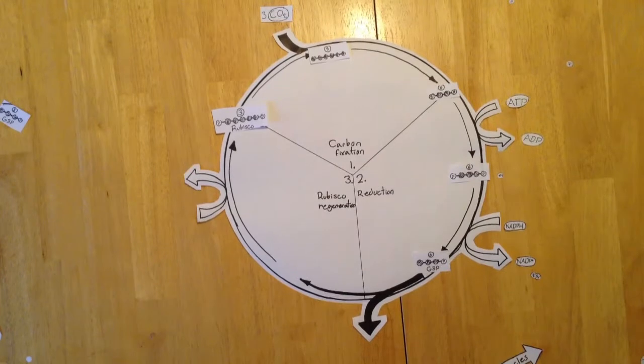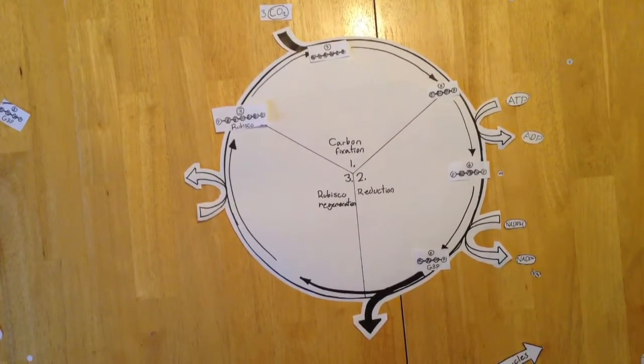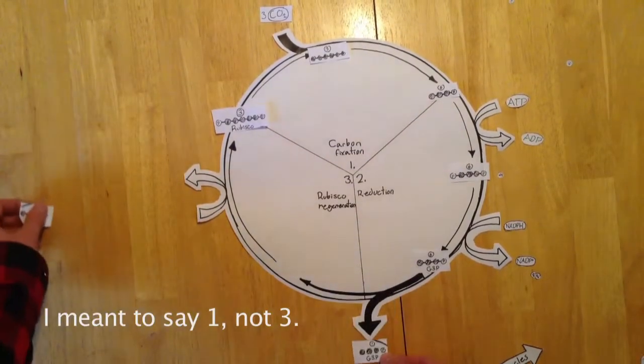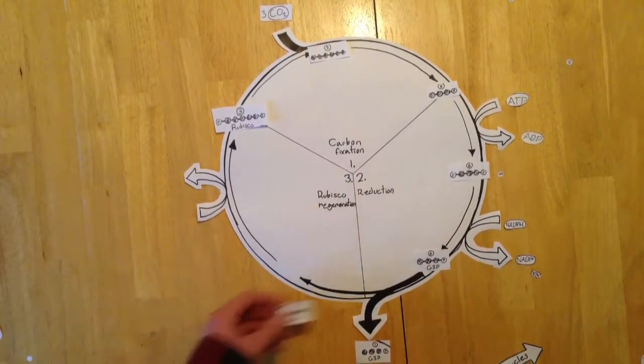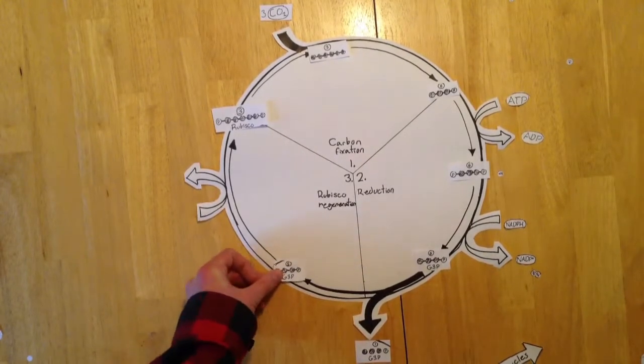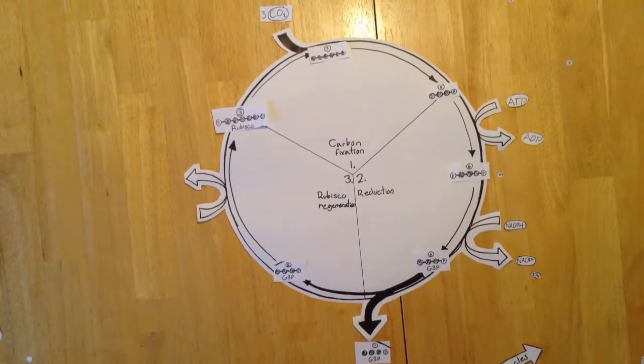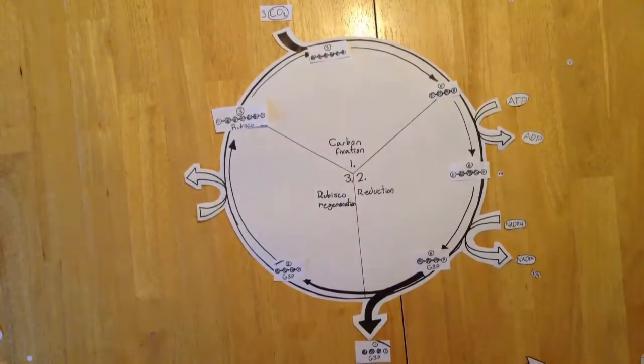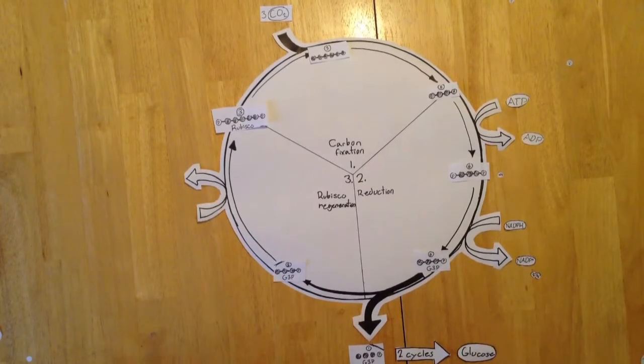These ones are called G3P, and 2 of them can be used for making glucose. So what happens next is 1 of them leaves the Calvin cycle, and 5 of them continue on to rubisco regeneration. Once the cycle happens twice, you'll have 2 G3Ps here, which can combine to make 1 molecule of glucose.